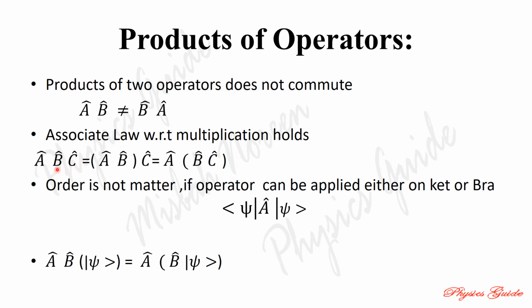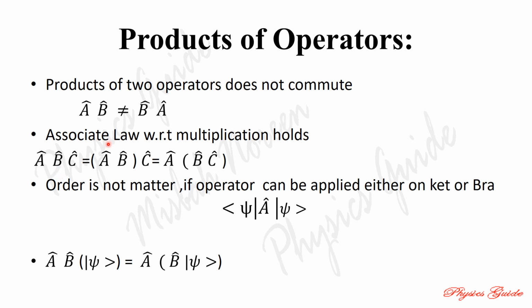The associative law in mathematics says that if we have three different terms, and we multiply the first two terms and then the third, or the second and third first inside the brackets, the result is the same. This is the associative law with respect to multiplication.